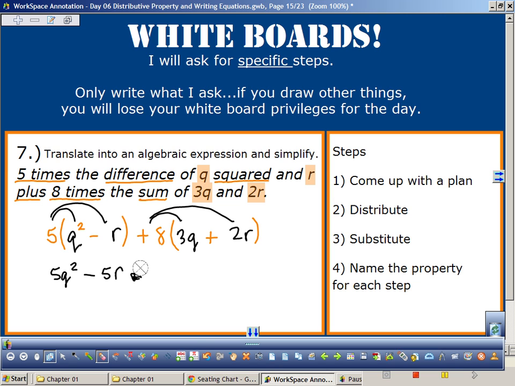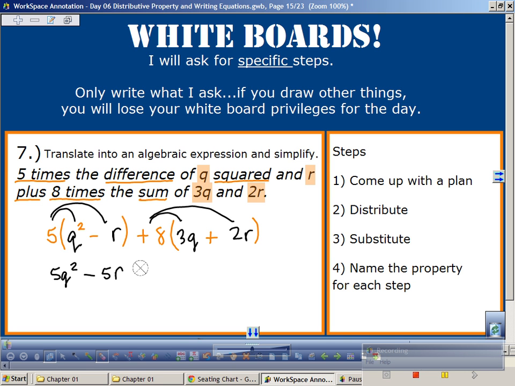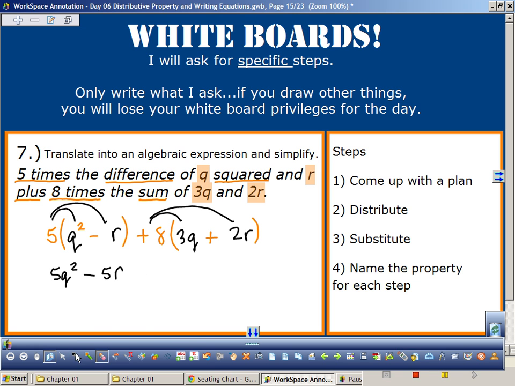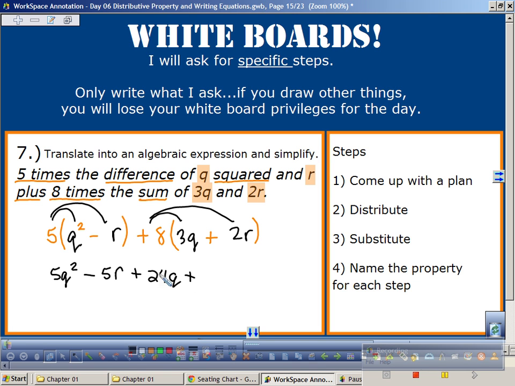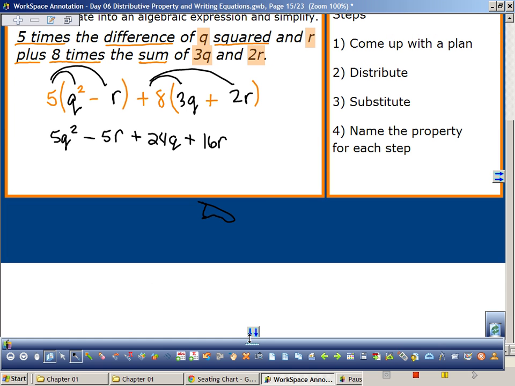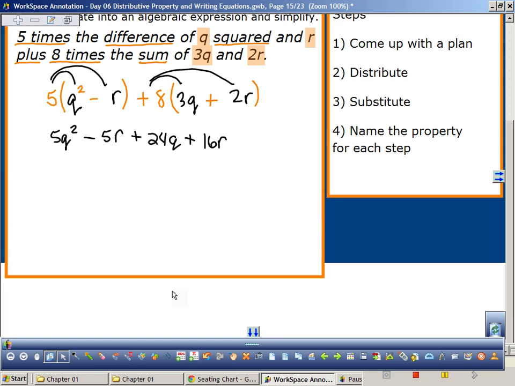Yes, they can die. Battery. Right? It's a battery. There we go. Plus, 8 times 3q is 24q. Plus, 8 times 2 positive r's is 16 r's. It's a scribble. All right.